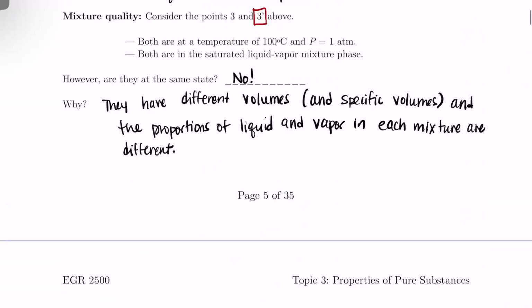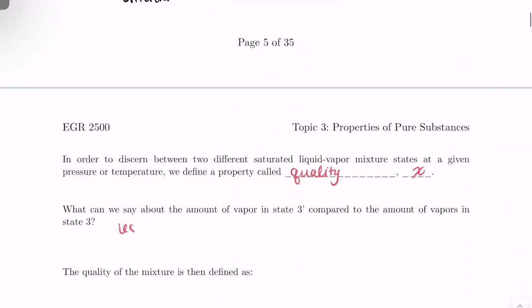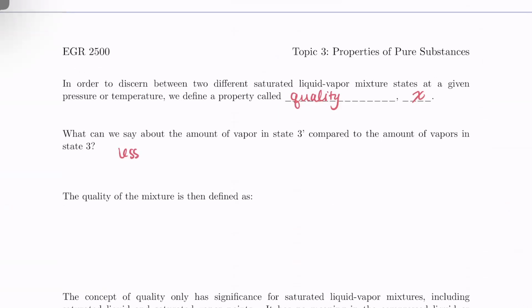Yeah, there's less. Very good. And so that means the quality of the mixture we can define as X equal to the mass of vapor divided by the mass of the mixture.